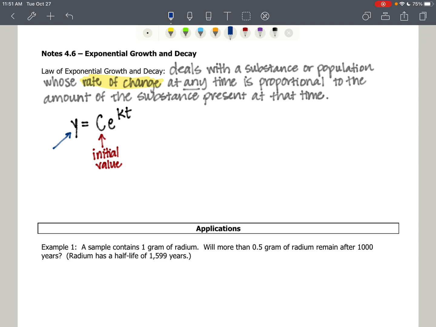That's going to be some positive quantity at any given time, t. K is our constant of proportionality.